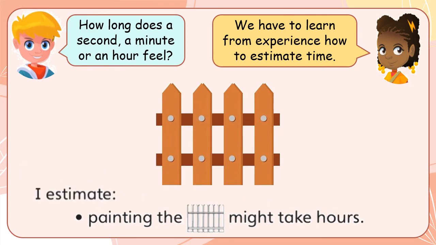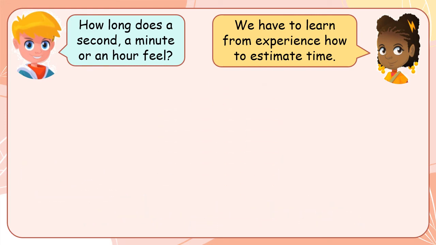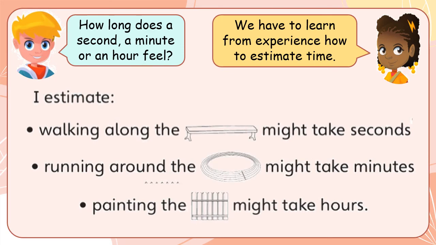Now, children, which of these activities could you do the shortest time? Is it walking along the bench, running around the track, or painting the fence? Well, you are right. It's walking along the bench because it takes seconds to do this activity. Now, how about the activity that you could do the longest time?